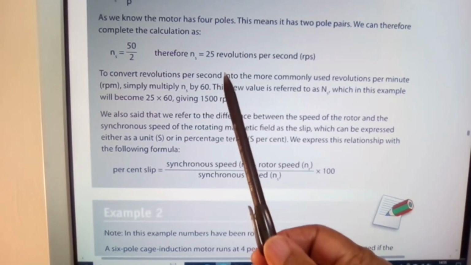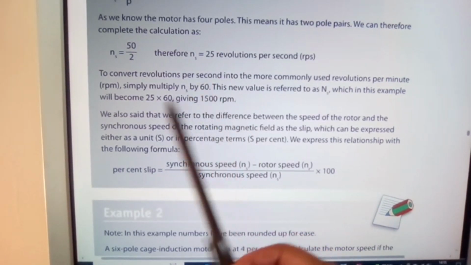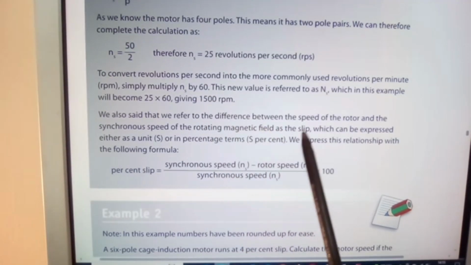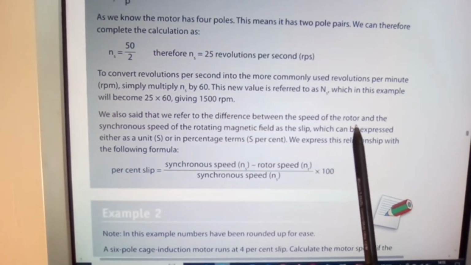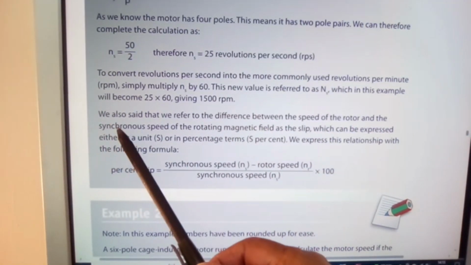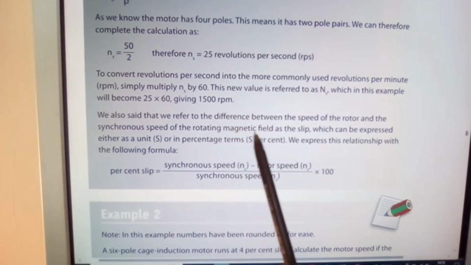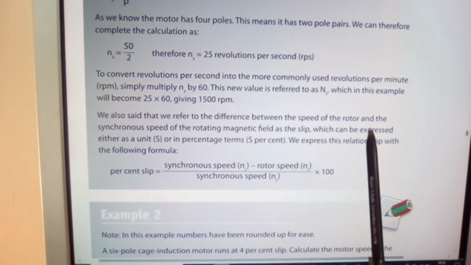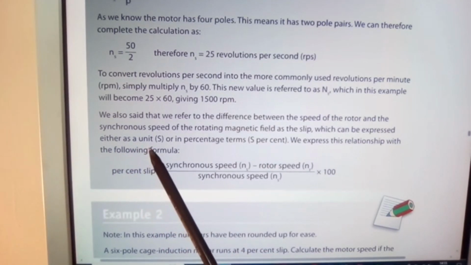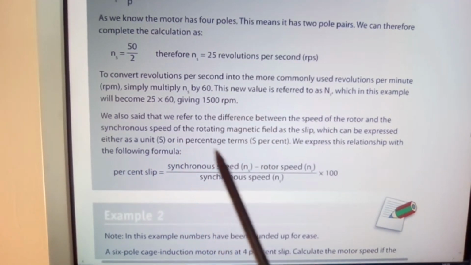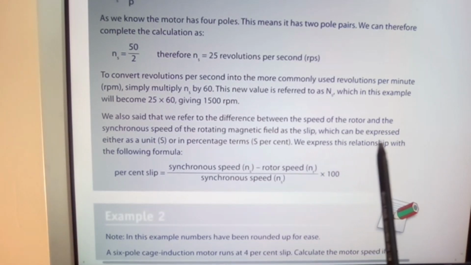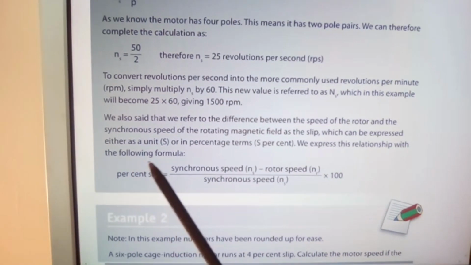Now make sure you write this out for yourself, okay? We also said that we refer to the difference between the speed of the rotor and the synchronous speed of the rotating magnetic field as the slip, which can be expressed either as a unit, S, or in percentage terms. We express this relationship with the following formulae.